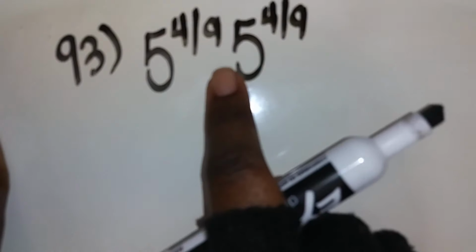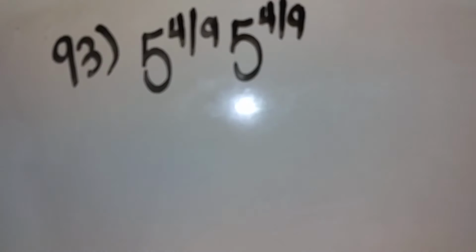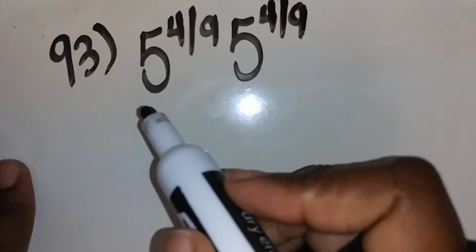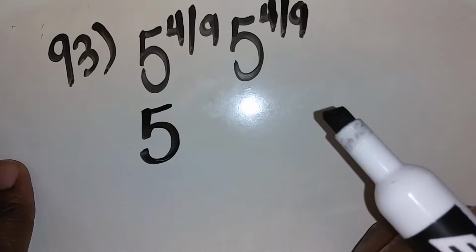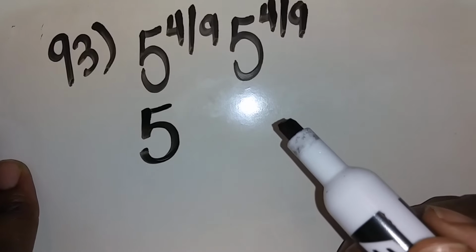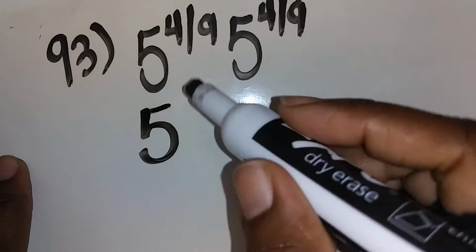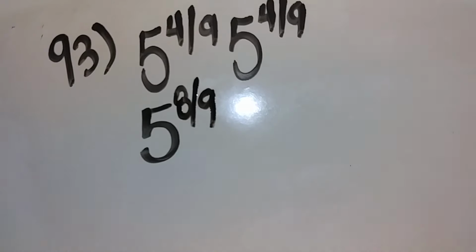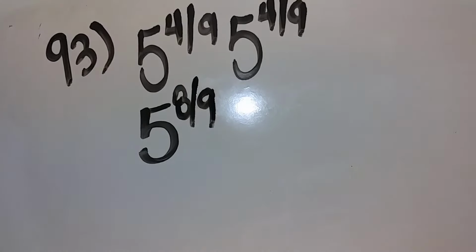Again, when I don't see a sign in between, we know that's multiply. My base is 5. When I multiply, I add the exponent. So 4 plus 4 is 8 over 9. And that is my answer.